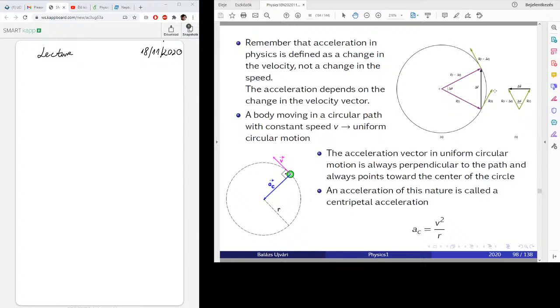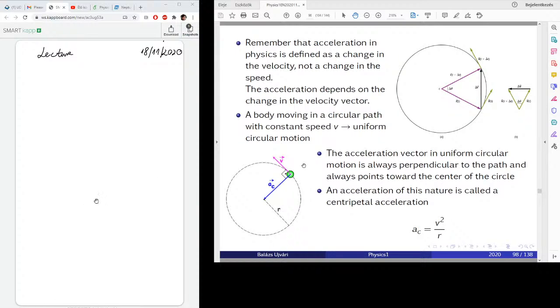You can see I have a v here and a v here. Even if the magnitude of the vector is the same, it changes, there is a delta v, and delta v over delta t is a non-null vector, so there is an acceleration.